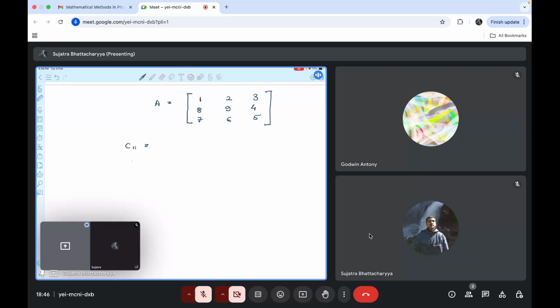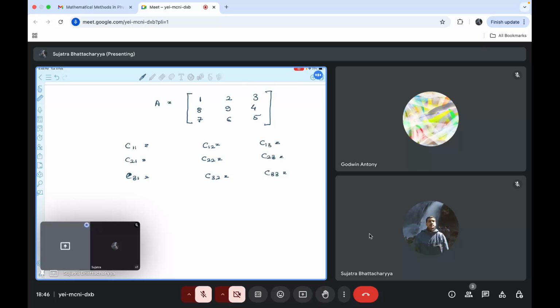Write it like this: C11, C12, C13, C21, C22, C23, C31, C32, and C33. These are the elements of the cofactor matrix.